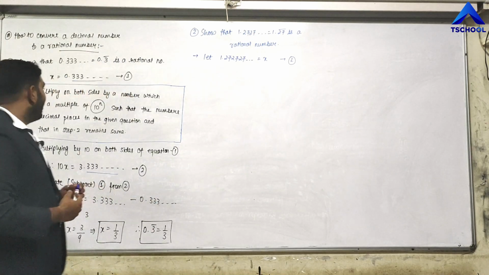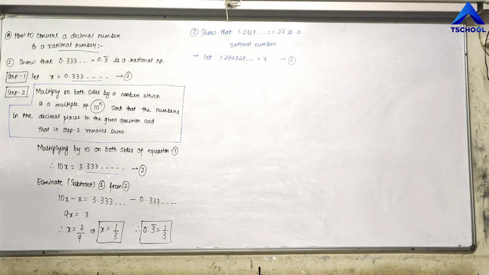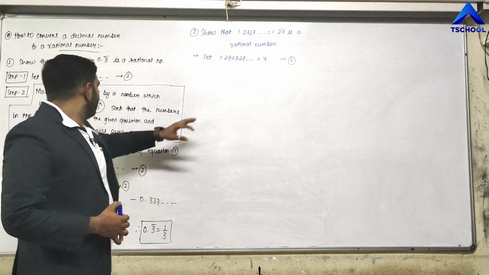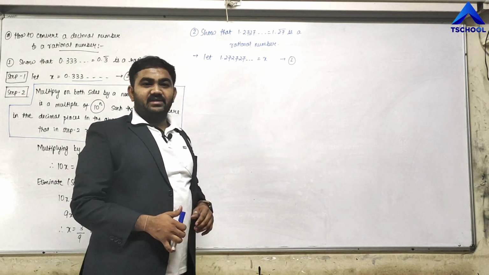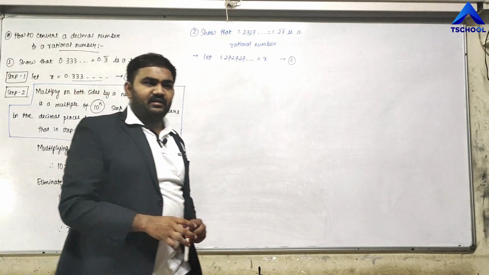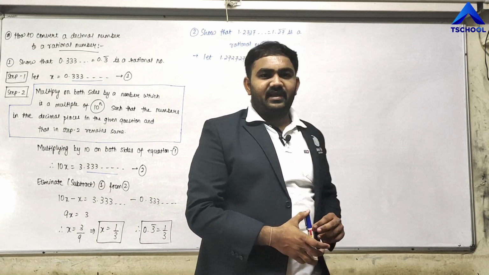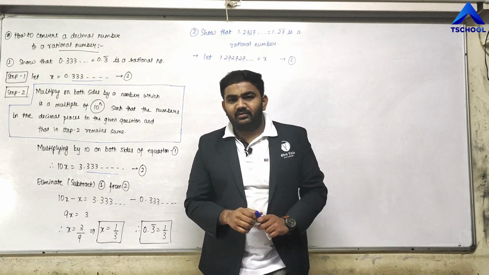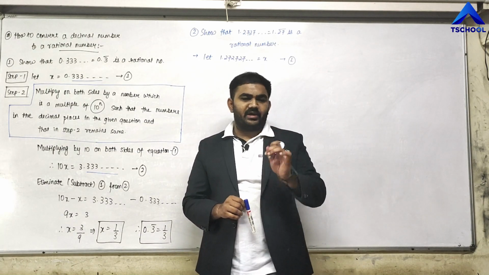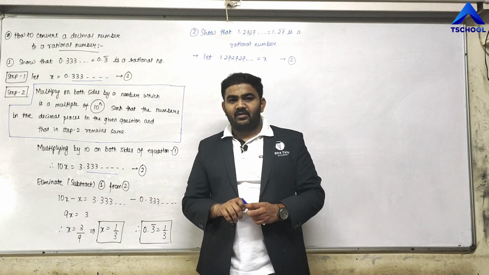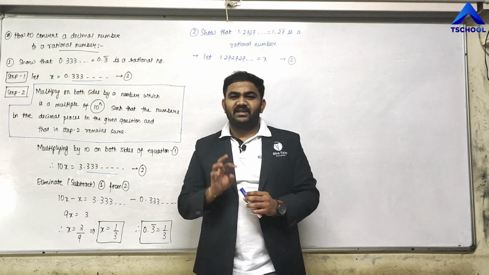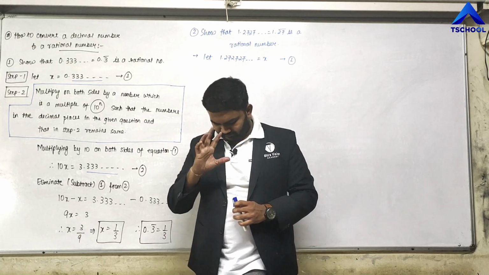As I said, I need to multiply on both sides by a number which is a power of 10, 10 raised to n, such that the decimal places in the given question and that in step number 2 will remain the same. In a clear-cut way, whatever the number of digits repeating, you need to multiply on both sides by that much 10 raised to n.